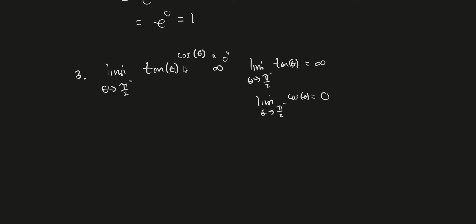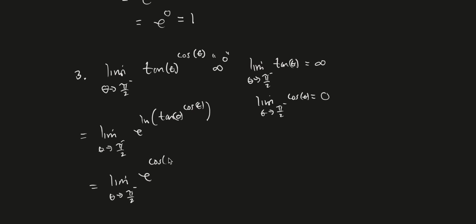Okay, well, let's do our change of base formula. So I am going to write this as e to the ln of tangent theta to the cosine of theta, and then bring that cosine down. So we'll have the limit as theta approaches pi over 2 minus, e to the cosine of theta times the natural log of the tangent of theta.